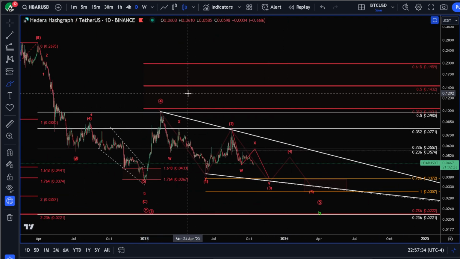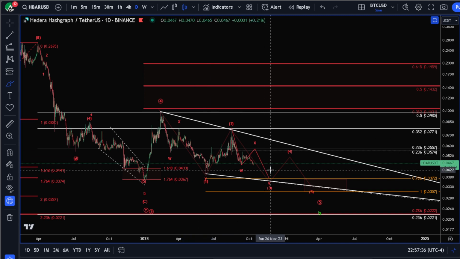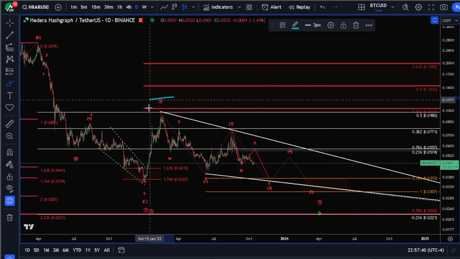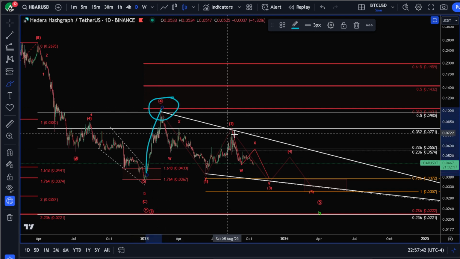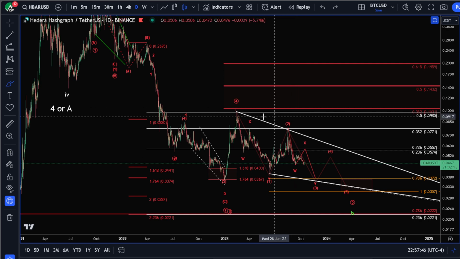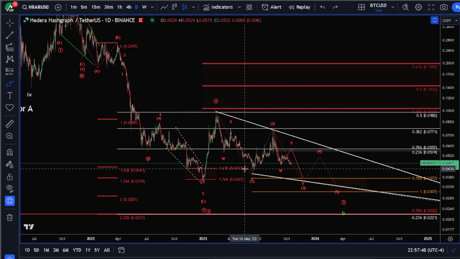Now, one thing that has me a little bit concerned, and we'll have to pay attention once we get down to this area, is this would be our entire fourth wave, which seems a little bit short for what we would expect a fourth wave to be.